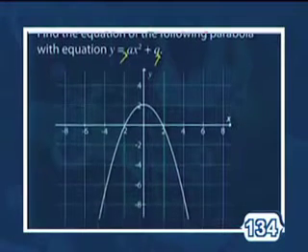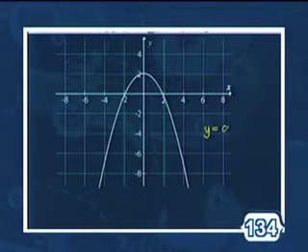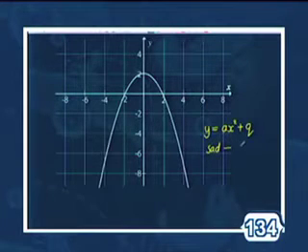Right, let's have a look at what you can do just by inspection. I'm hoping that you can see that we have got a parabola which is a sad parabola, which is actually telling me that I need to get an a value which is negative when I find it.